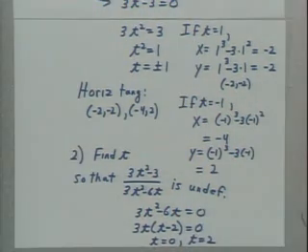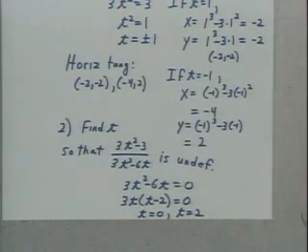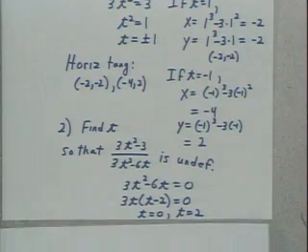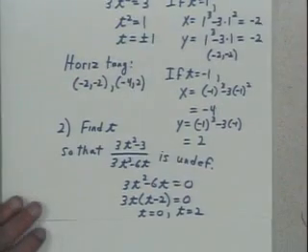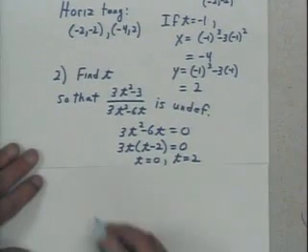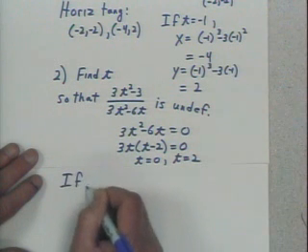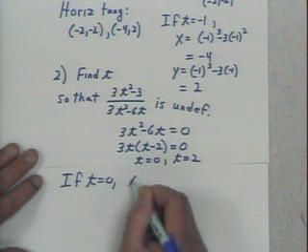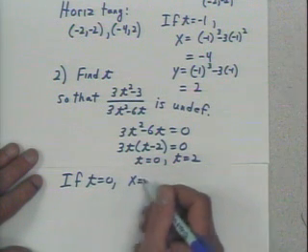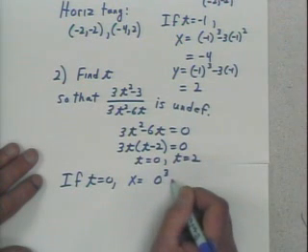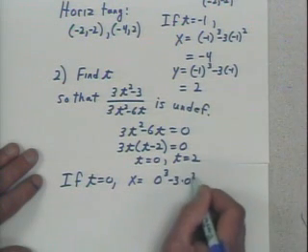So it looks like there's two spots where you might have a vertical tangent. But again, they want to know the points. So therefore, if t equals 0, what's x going to be? It's going to be 0 cubed minus 3 times 0 squared, which is 0.